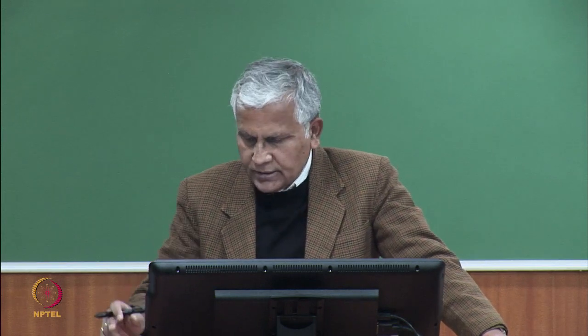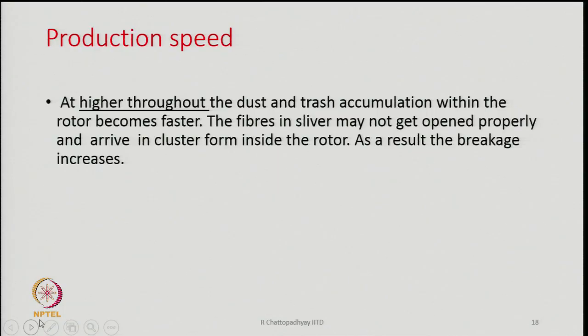To reduce the thickness of the dust accumulation, what do we do? We go for a bigger diameter rotor in the case of coarser count when you are spinning. When we try to spin coarse count yarns, usually the rotor diameter that we choose is much bigger in comparison to when we try to spin finer count yarn, where we choose a smaller diameter rotor. The reason is this dust problem.